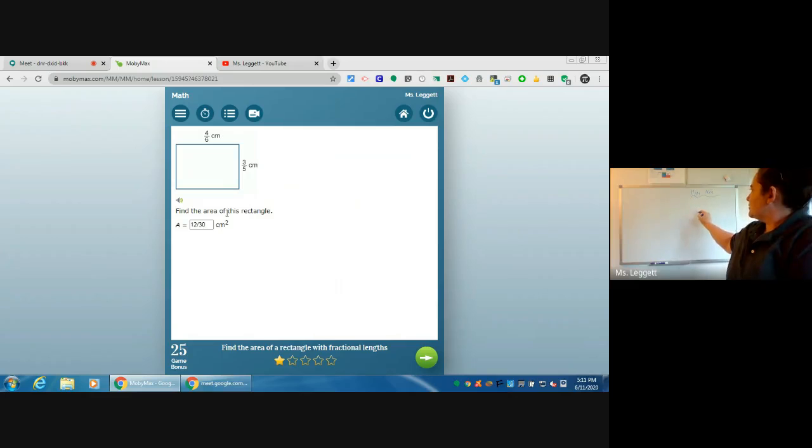Depending on your grid. So 12 over 30. Let's try to pick the highest number that they have in common because that's less work for us if we can figure it out. Now, it's tempting to pick 2 because they're both even numbers, but you could do better than that. You could try 6. 6 is higher, but 6 could go into both.